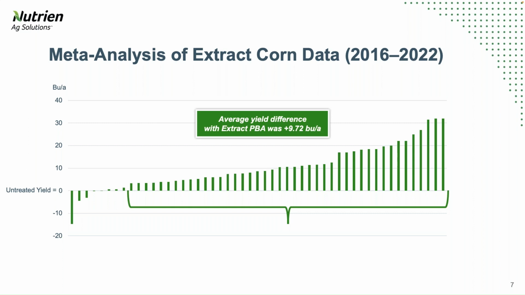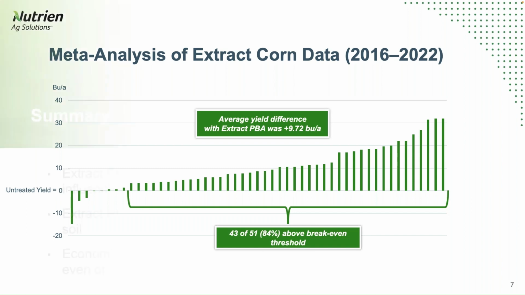And you can see here, we show this piano graph. We call it our meta-analysis of these 51 data points. And out of those 51 data points, 43 or 84% of those yielded an above break-even return. And that break-even is approximately 2 bushels per acre to get the proper return from the technology.